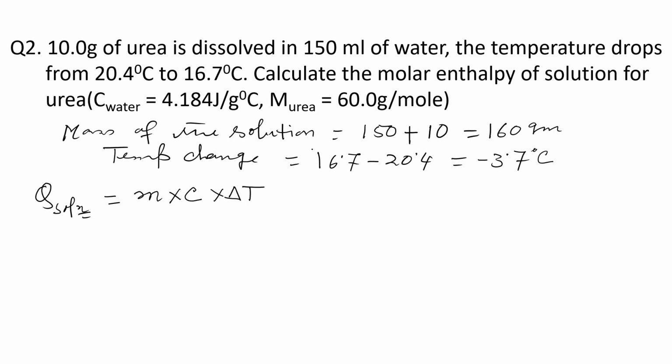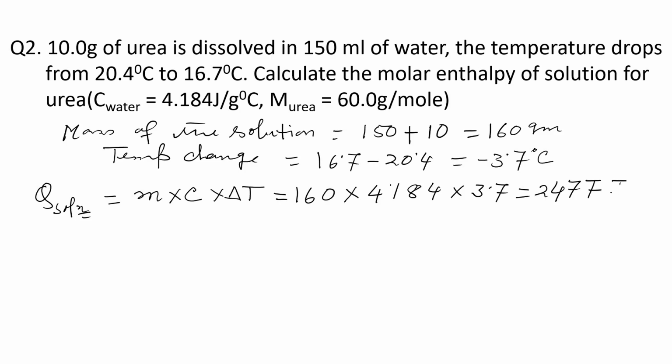So for m gram, that means 160 gram, and for 1 degree centigrade, so delta T, how much degree centigrade is changed. So what is the mass? 160 into heat capacity is 4.184 into 3.7, and this value is coming 2477 joules.